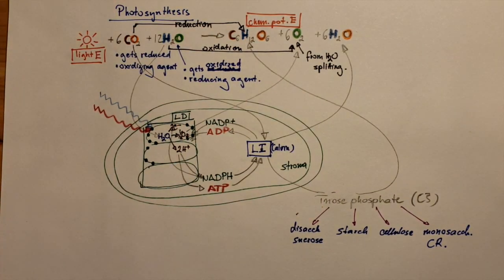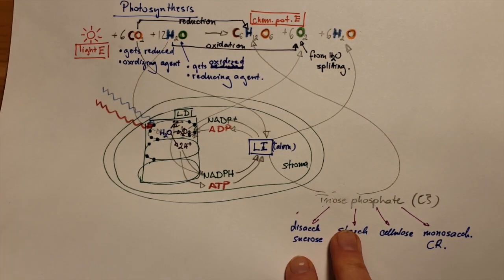So the triose phosphate will turn into glucose, or one of the carbs.